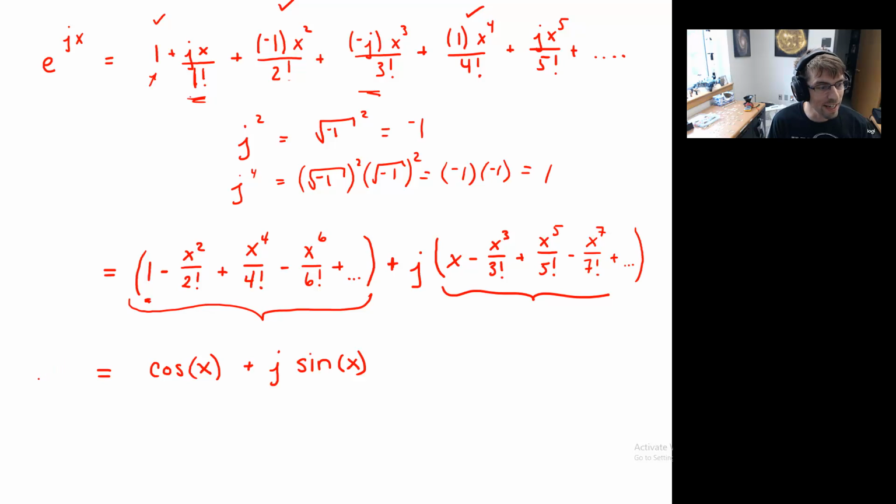It turns out that e to the imaginary number times x is equal to cosine of x plus the imaginary number times sine of x. This is known as Euler's relation.